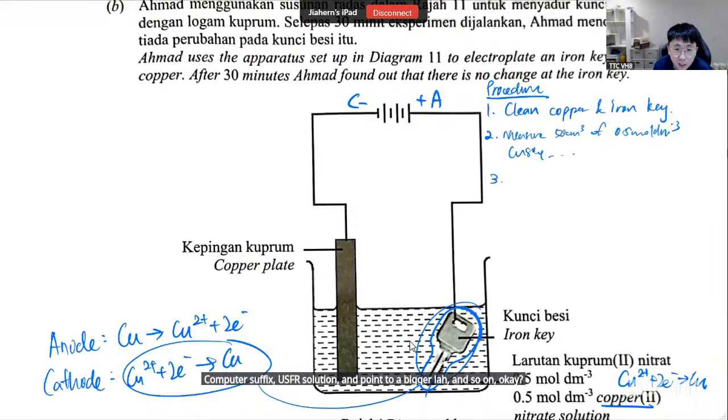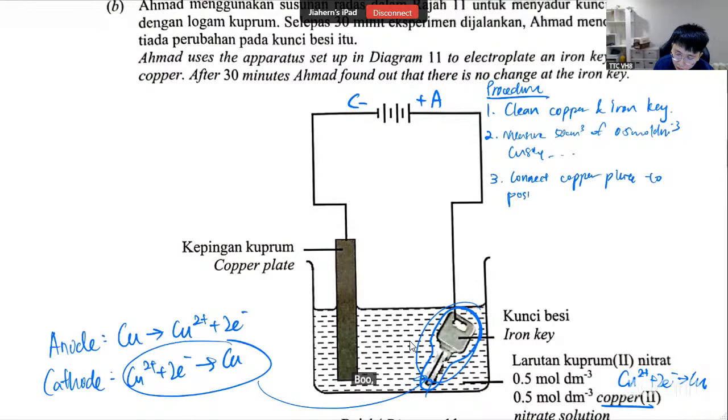Then number 3, after your solution is prepared, make sure you connect the copper plate to the positive terminal of the battery. Then do the same thing, but connect the iron key to the negative terminal of the battery.